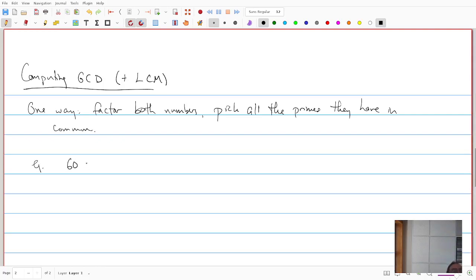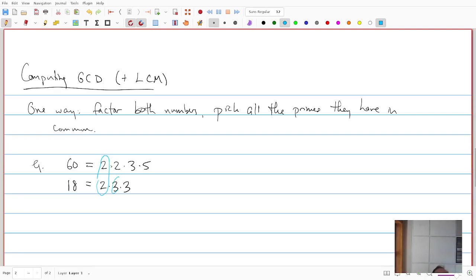going back to the example of 60 and 18, what's the prime factorization of 60? It's 2 times 2 times 3 times 5. Yeah, 2 times 5 is 10, 2 times 3 is 6. And then 18 is 2 times 3 times 3. So if I pick the primes they have in common, they both have a 2, so I can pick one 2.